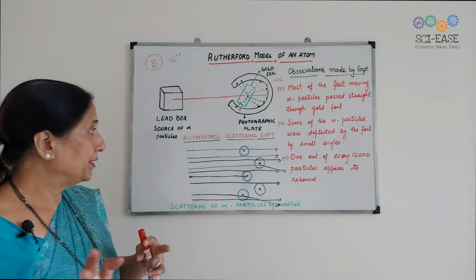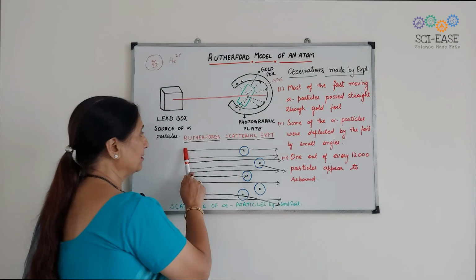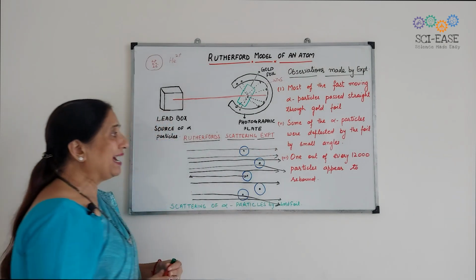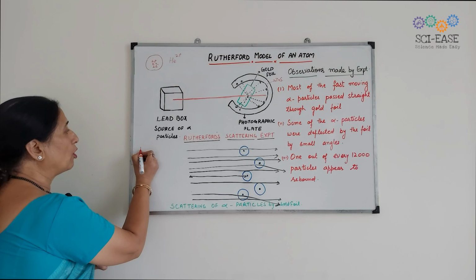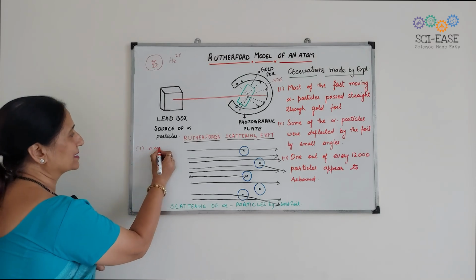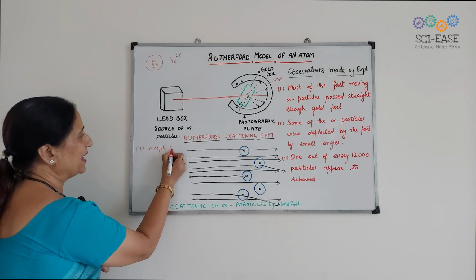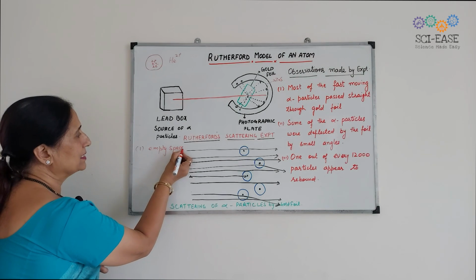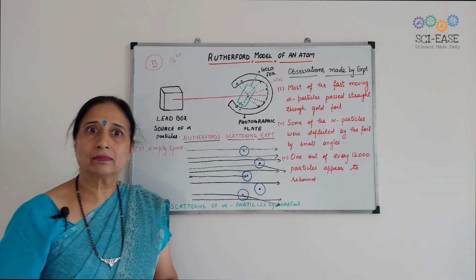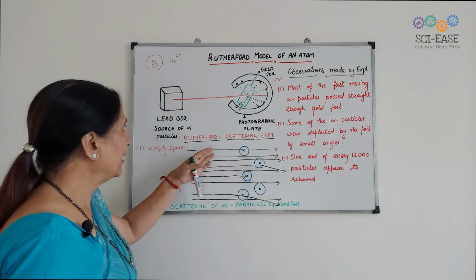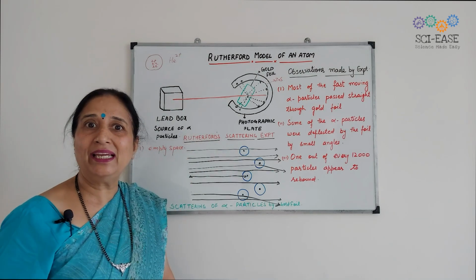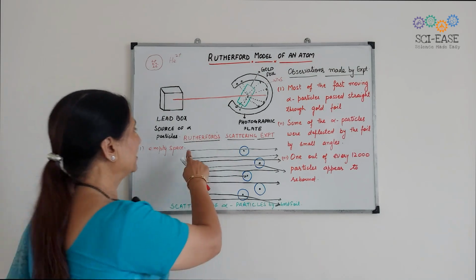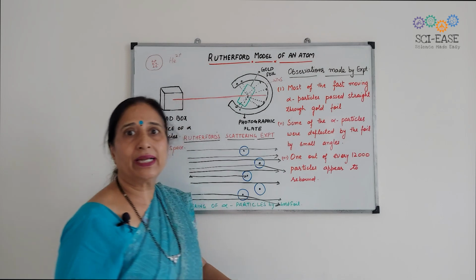I want to tell you. First thing, he found that there is a lot of empty space inside the atom. There is empty space, nobody to stop them, so what happened? The alpha particles went straight through.